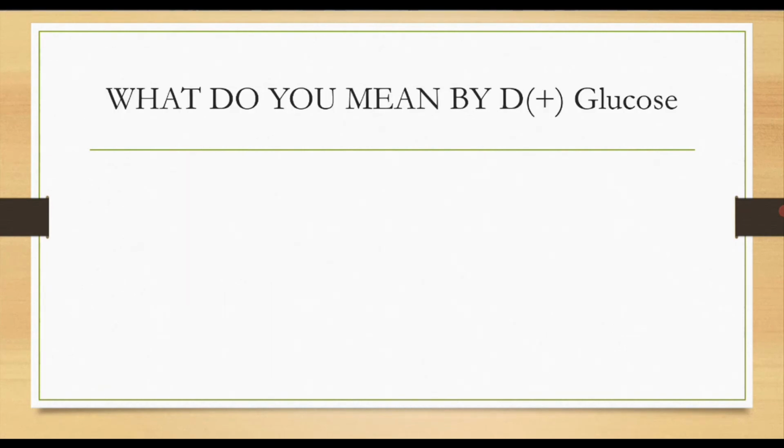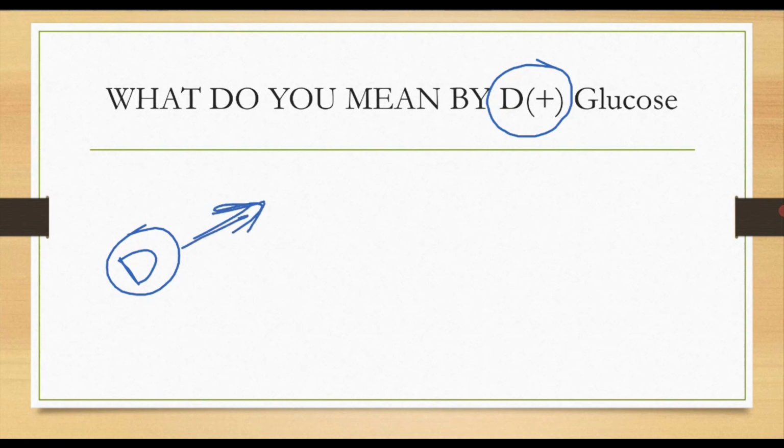Next, what do you mean by D plus glucose? So D plus means, first, D. What does D mean? Suppose I do not know the structure of glucose, then capital D just says that if there are multiple chiral centers, then for the last asymmetric carbon, written in proper Fischer projection, among the two horizontal groups, the highest priority group is on the right side.